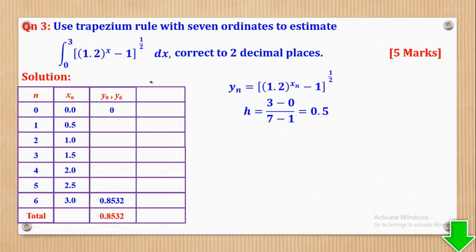In this other column we shall put the intermediate values. That is why you see here, from y1 to y5, these are the intermediate values. Note that we are putting commas, not plus. Some students use plus here and that will not be okay. So when x is 0.5, I put 0.5 there and come up with 0.3089.